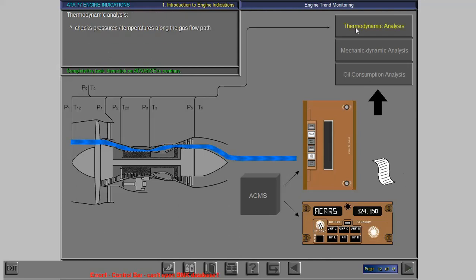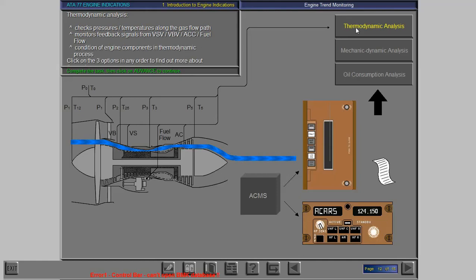The thermodynamic analysis checks the pressures and temperatures along the gas flow path. It also monitors the feedback signals from the VSV and VBV, the active clearance control, and the fuel flow. The data gives exact information about the condition of the engine components involved in the thermodynamic process.